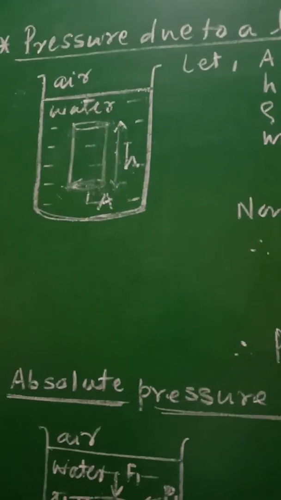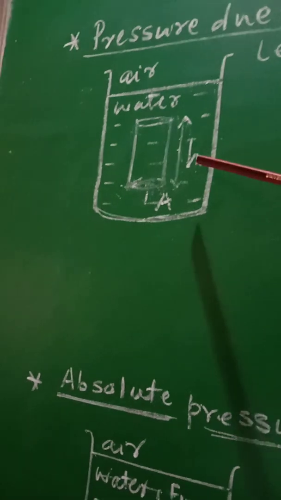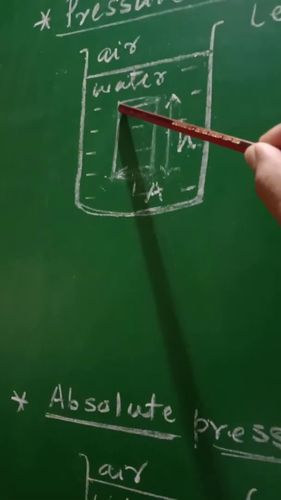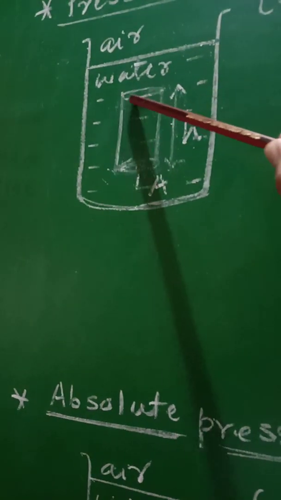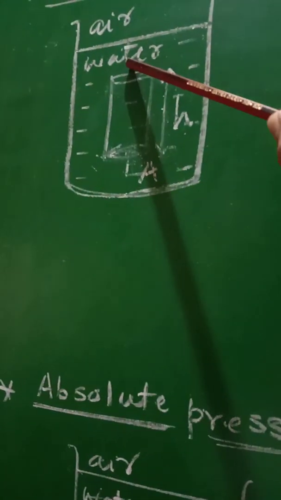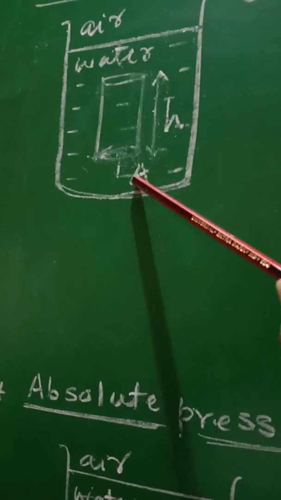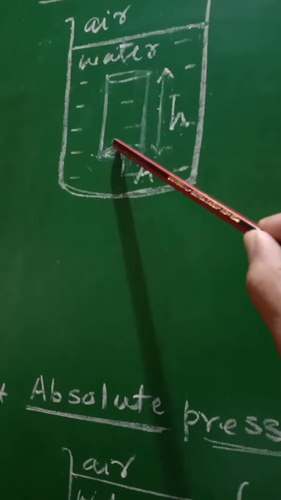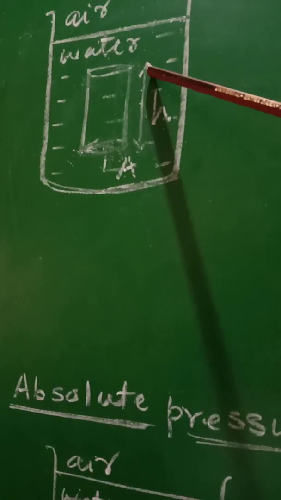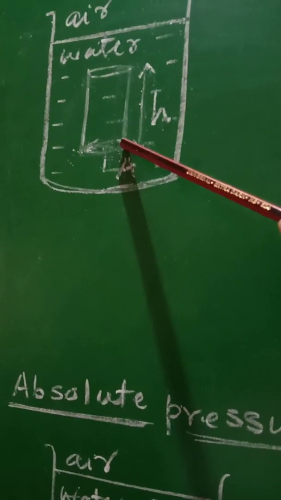Let us consider a vessel filled with water, and let us imagine a cylindrical water column produced inside the water. Let A be the area of cross section of this cylindrical water column. H is the height of that cylindrical water column.